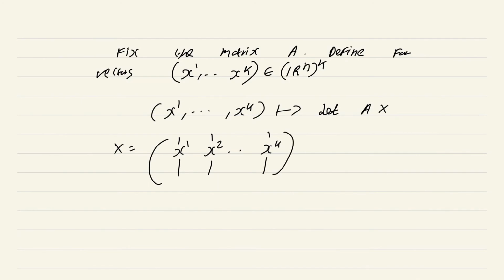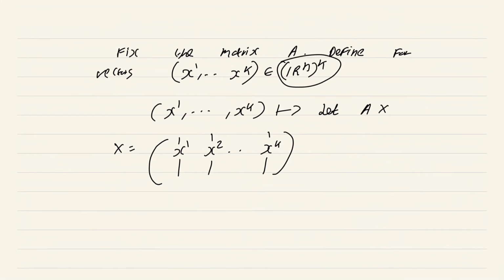So X is an n cross k matrix. I can multiply A with X. When I take the product, I end up with a k cross k matrix, and I take the determinant of that. So this is the function that is defined on Rn to the k.